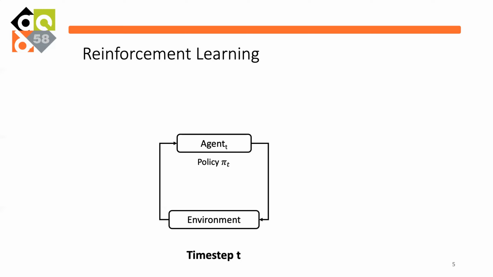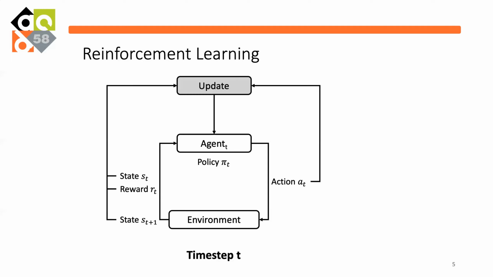At time step t, the agent gets the current state from the environment, makes a decision based on its current policy, and performs an action that affects the environment. The state of the environment gets updated by this action, and the environment will provide a reward, usually a scalar, to the agent. The current and next states, reward, and the action are used to update the agent.